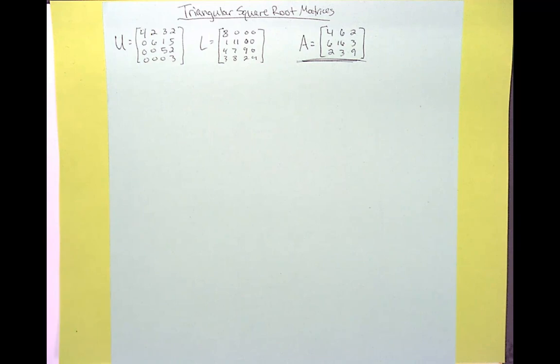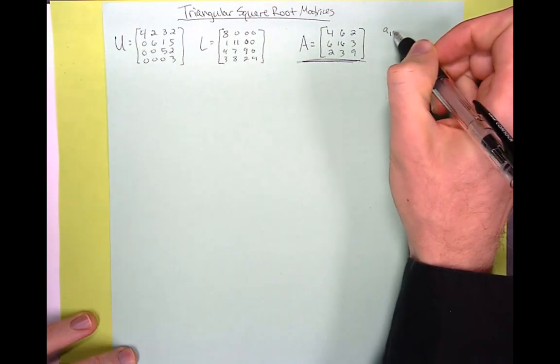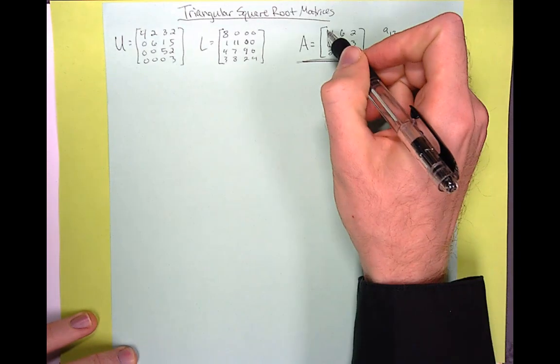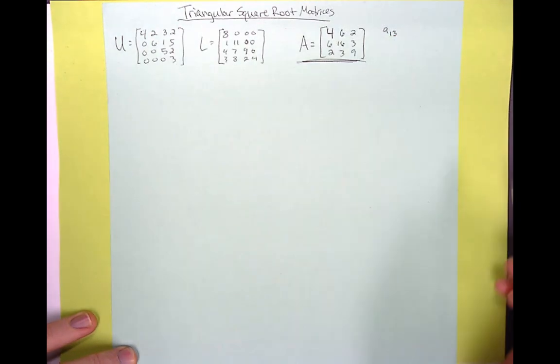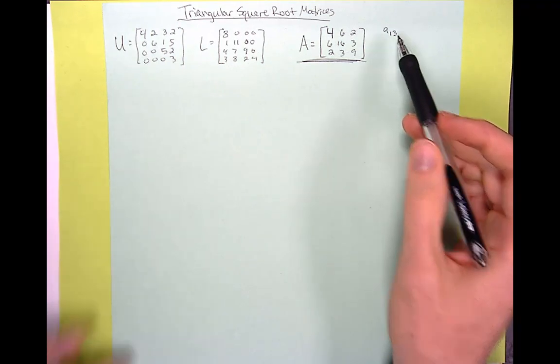We can describe each element using its row and column location. For example, A1,3 would be the element in the A matrix in the first row and the third column.